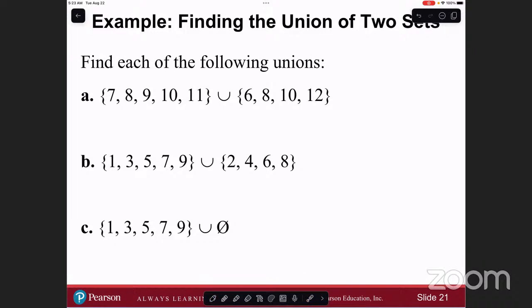7, 8, 9, 10, 6, 7, 8, 9, 10, 11, 12, right? So basically 6 through 12. 6, 7, 8, 9, 10, 11, and 12.